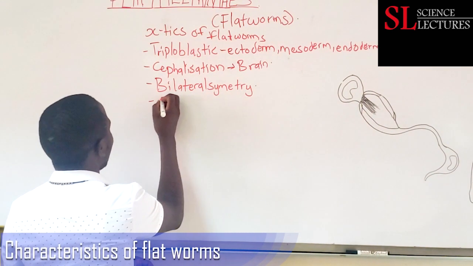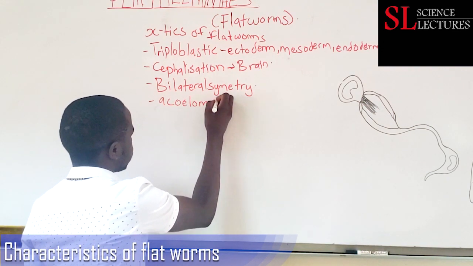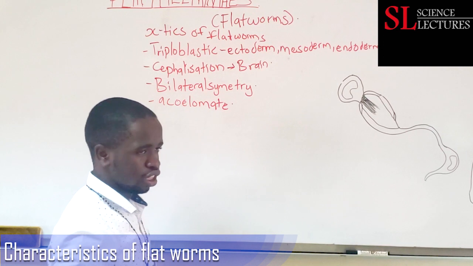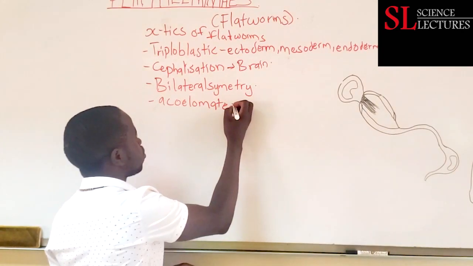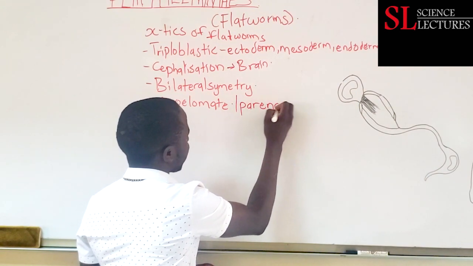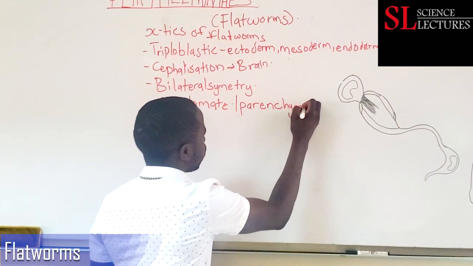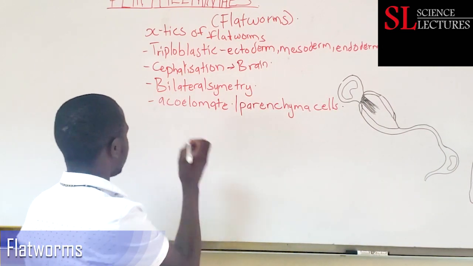Then they are acoelomate. So these are organisms that do not have a coelom because their coelom is filled up by mesoderm tissue called parenchyma cells. So where you would have the coelom is filled up by parenchyma cells.